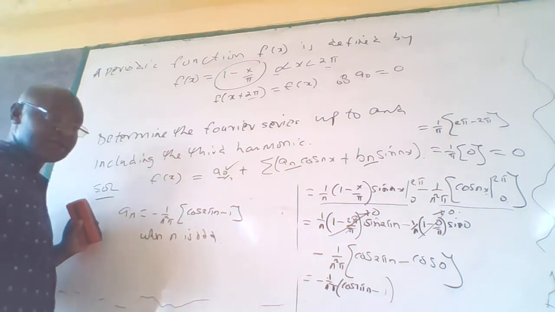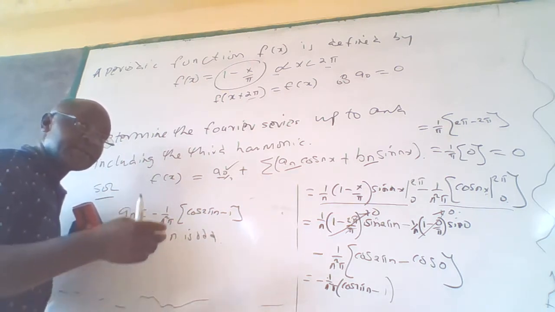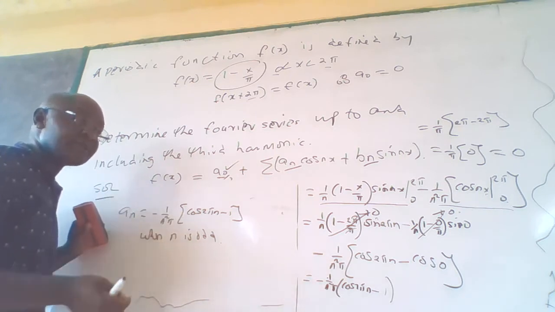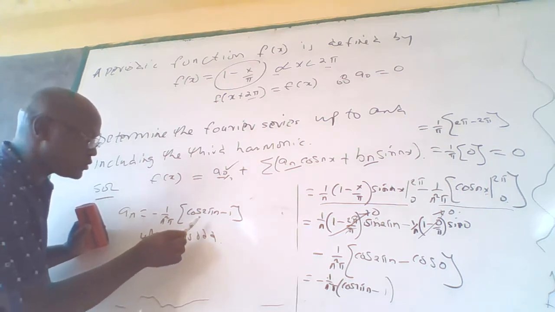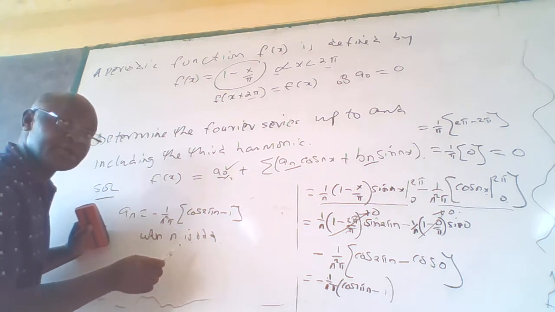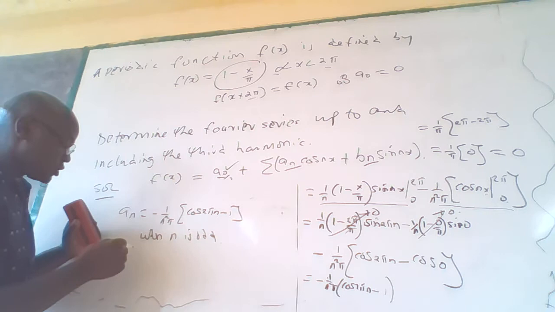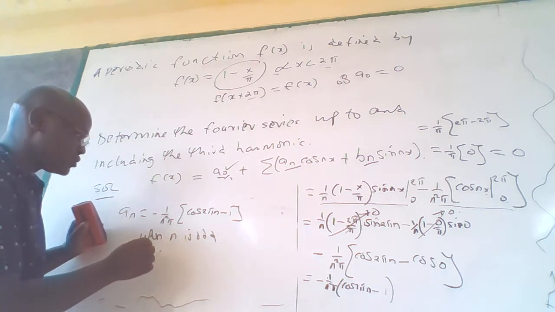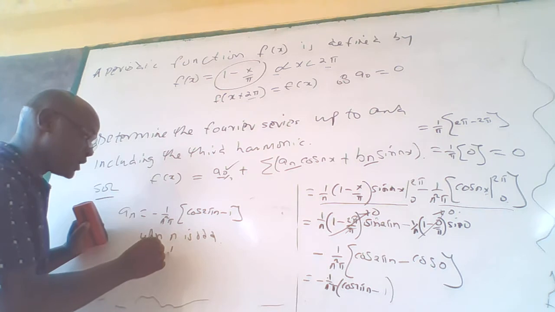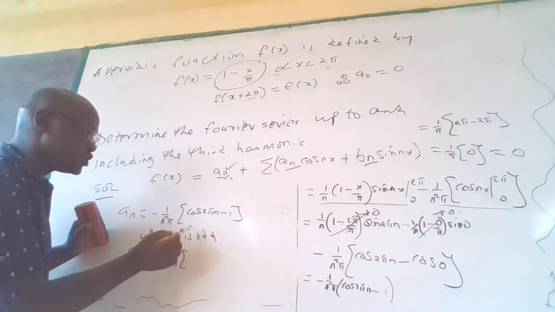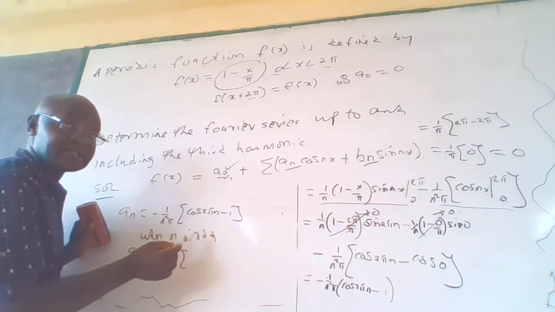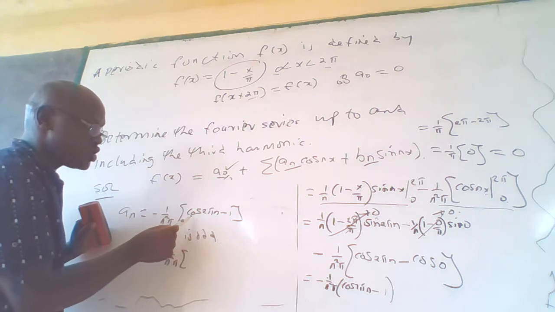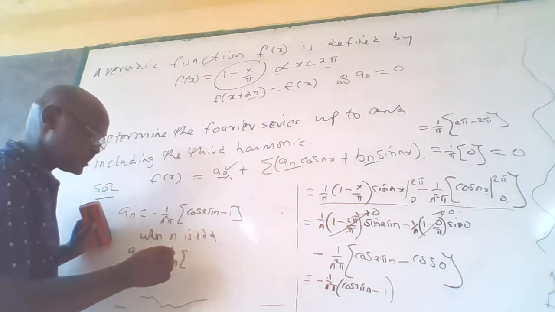When n is odd, of course odd is like 1, 3, 5, 7. So when n is odd, we test with 1. So an will be equal to minus 1 over n squared pi into. So now n is 1, so this is 2 pi. 2 pi is the same as 360. So cos 360 is 1.